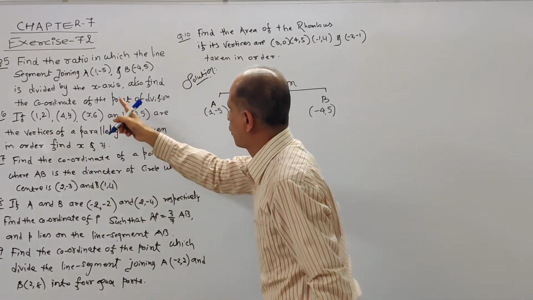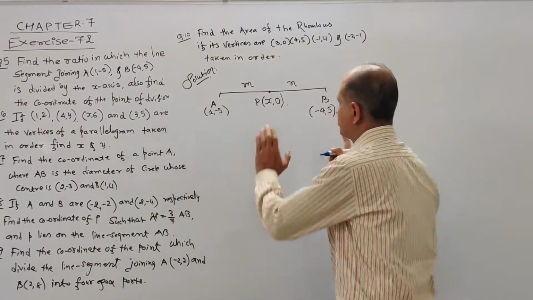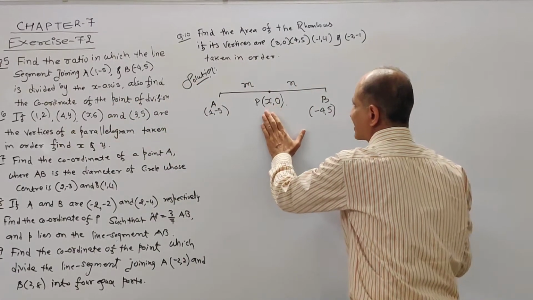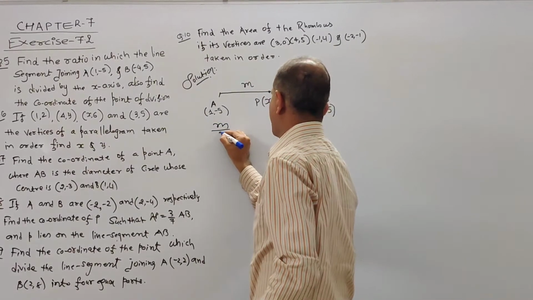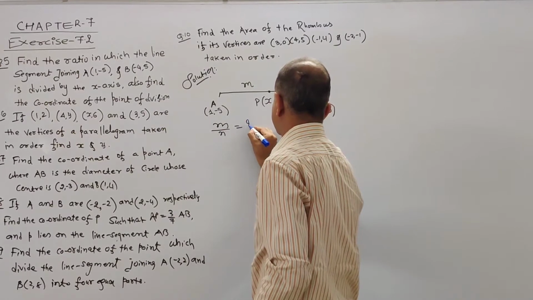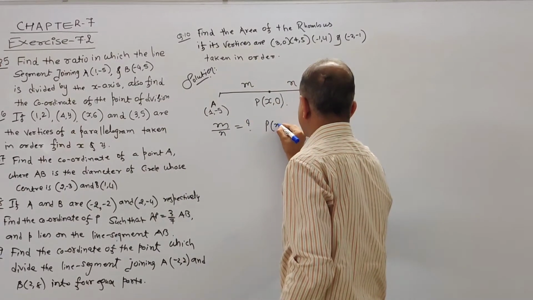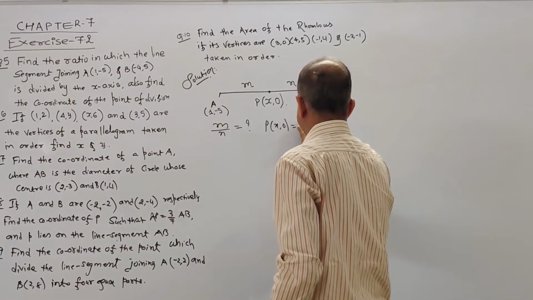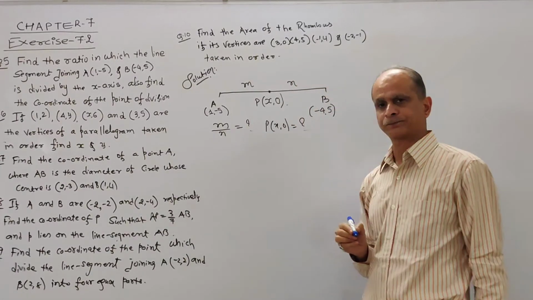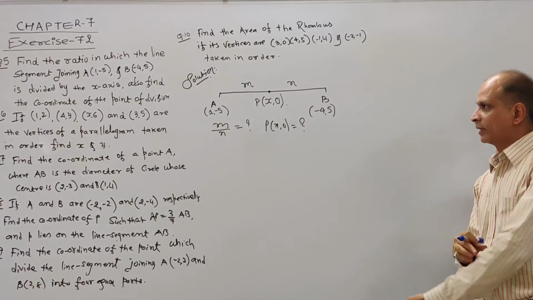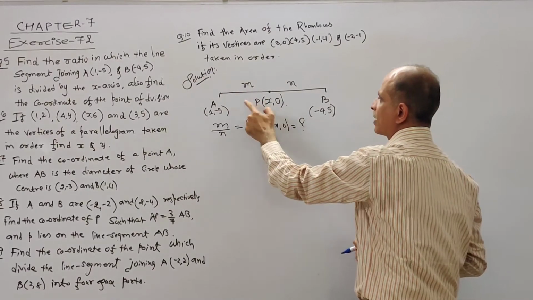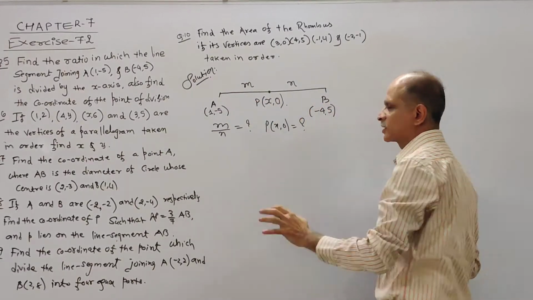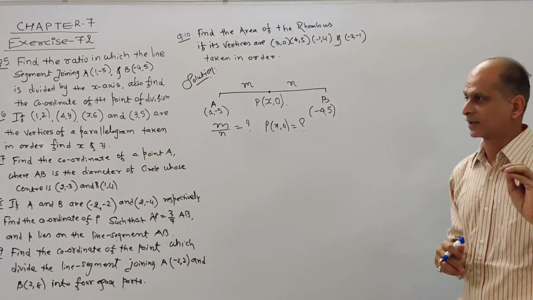Also find the coordinates of the point of division, meaning you have to find the value of x as well as m and n. So your question is m by n equals question mark. Similarly, P(x, 0) is also a question mark. Here point P on the x-axis divides this line segment, and that's why you have to use the section formula.